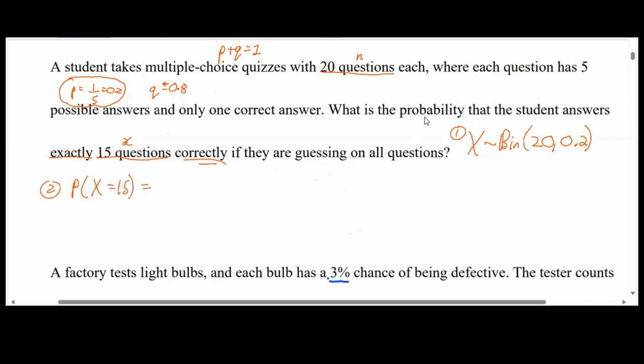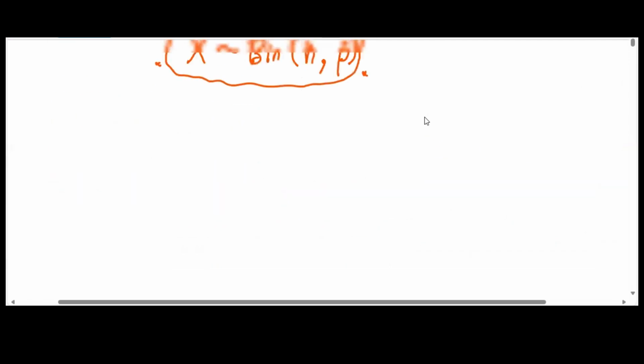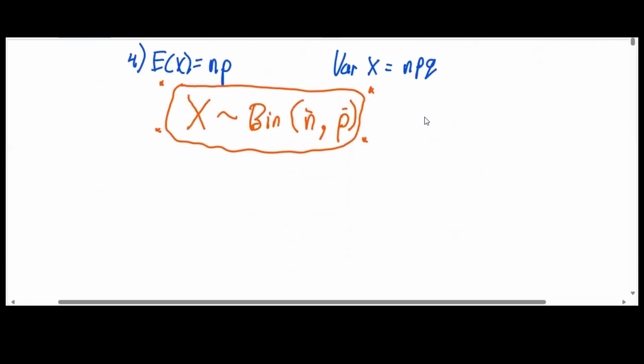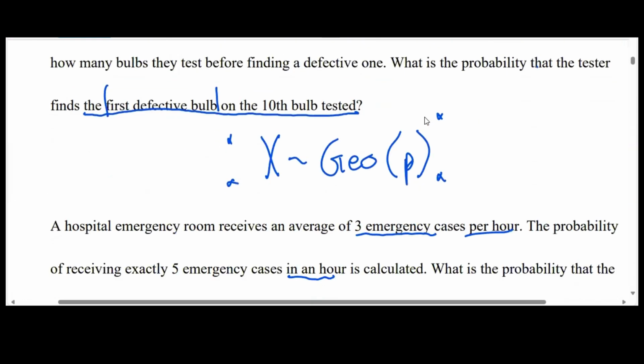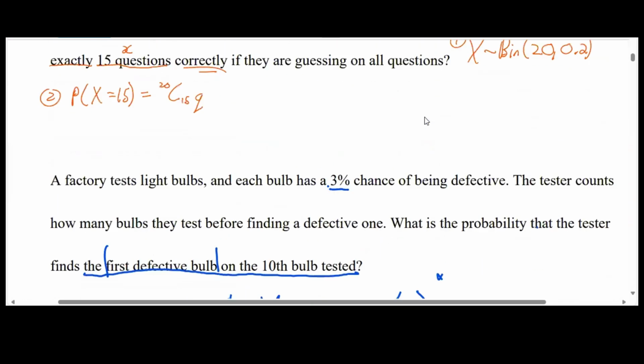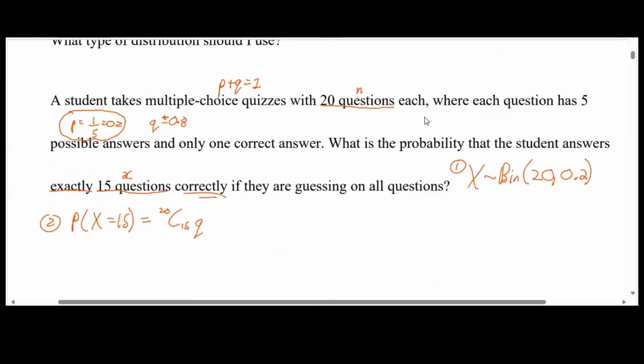That will just equal, using the equation, N is 20, C, X is 15, Q to the power N minus X. If we go back to the equation, it's N minus X, so N minus X will be 20 minus 15, which is 5, and P to the power X, which is 15.